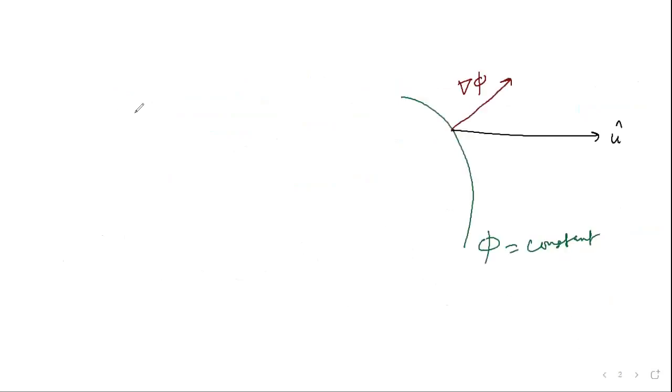Go to the next page. I can write d phi by ds as magnitude of del phi, magnitude of u cap, the cos of the angle between u cap and del phi. Let that be this theta, right?